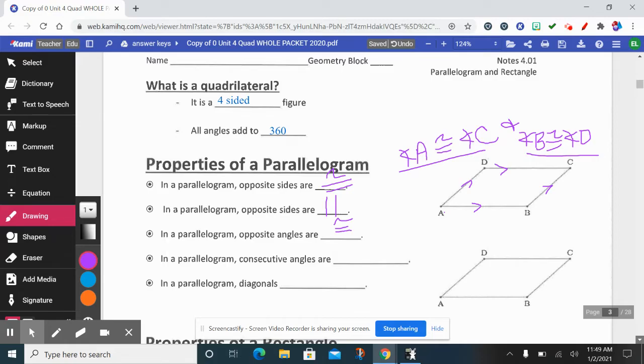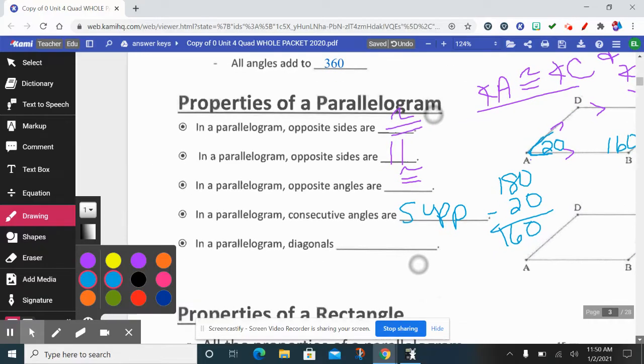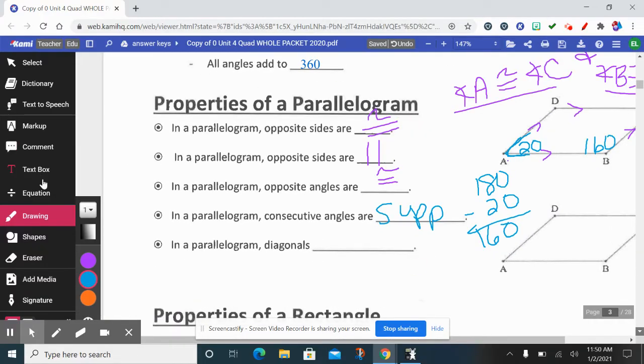In the parallelogram, consecutive angles are supplementary. Meaning, if angle A here is teeny tiny, let's say that's 20 degrees, 180 minus 20 gives you angle B to be 160 degrees. And last but not least, diagonals bisect each other.